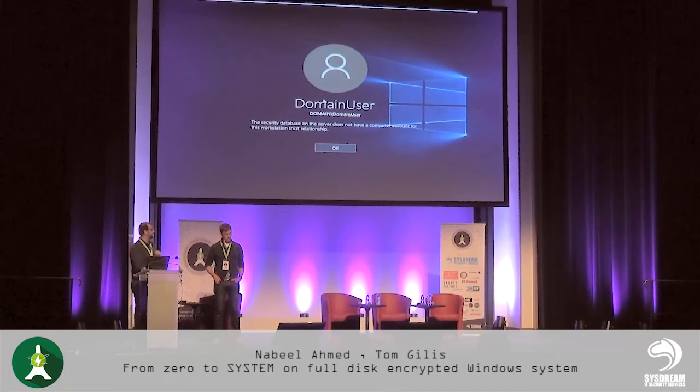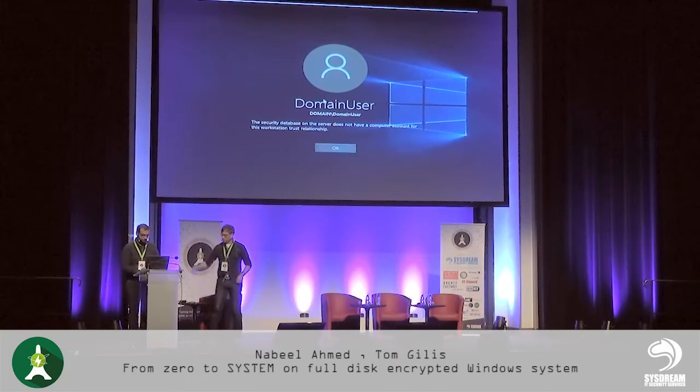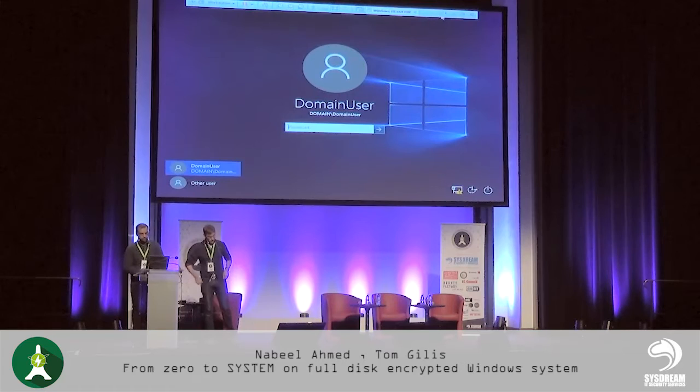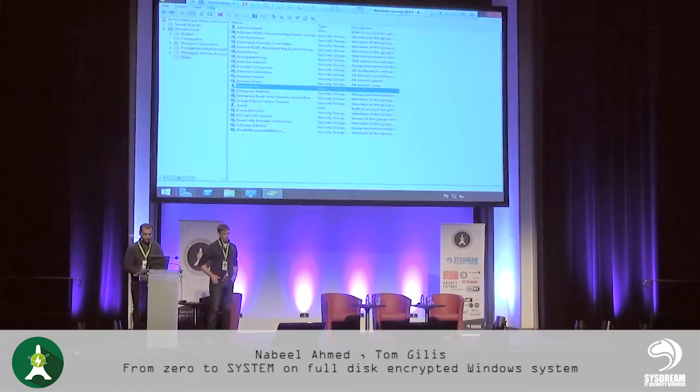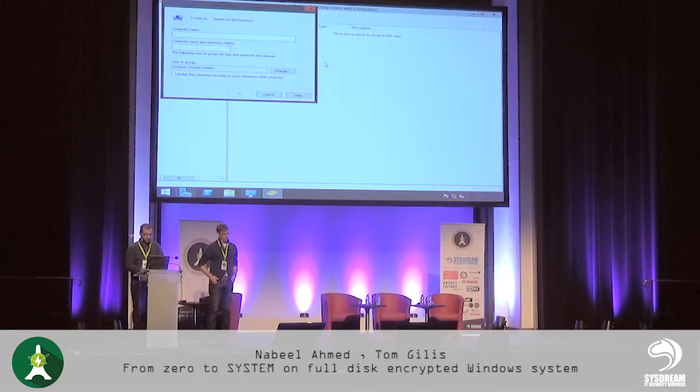It says, the security database on the server does not have a computer account for the workstation trust relationship. Basically, the client says, I don't trust the domain controller, so I won't let you log in. But to bypass this error, you just create a computer account or a computer object with the same name.